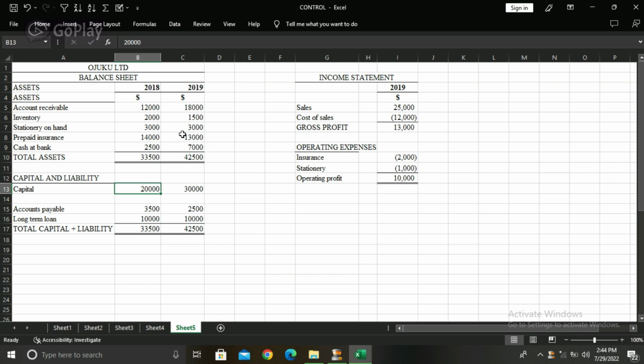Basically, this is how to do a control account using the vertical method, which is very simple to employ in preparing the cash flow statement and any other financial statement. Mostly, when you are dealing with net worth preparation or the statement of changes in equity, you also make use of control accounts. So try to learn it very well.